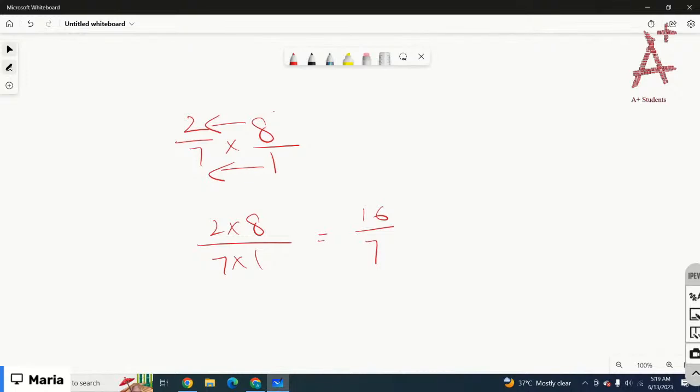Now it looks like we are multiplying two fractions, so you need to do numerator times numerator and denominator times denominator. You can put 1 in the denominator. Why? Because you cannot multiply a whole number and a fraction directly.